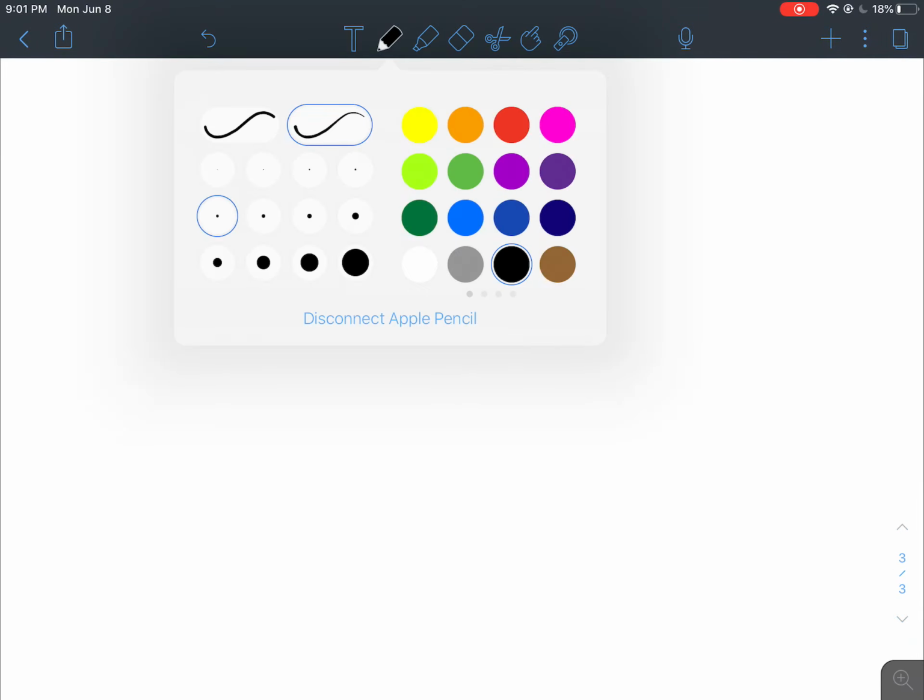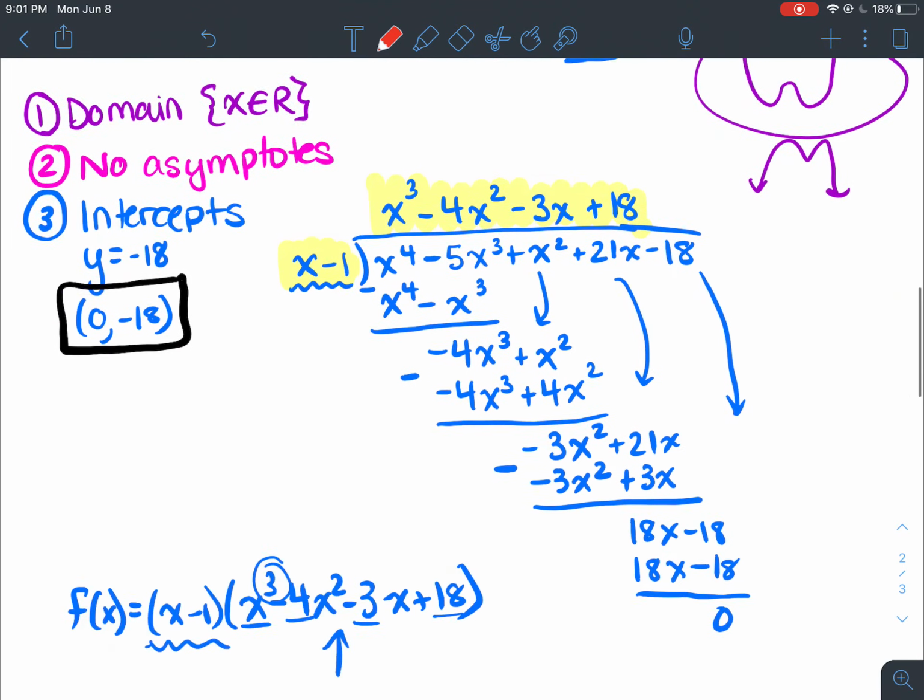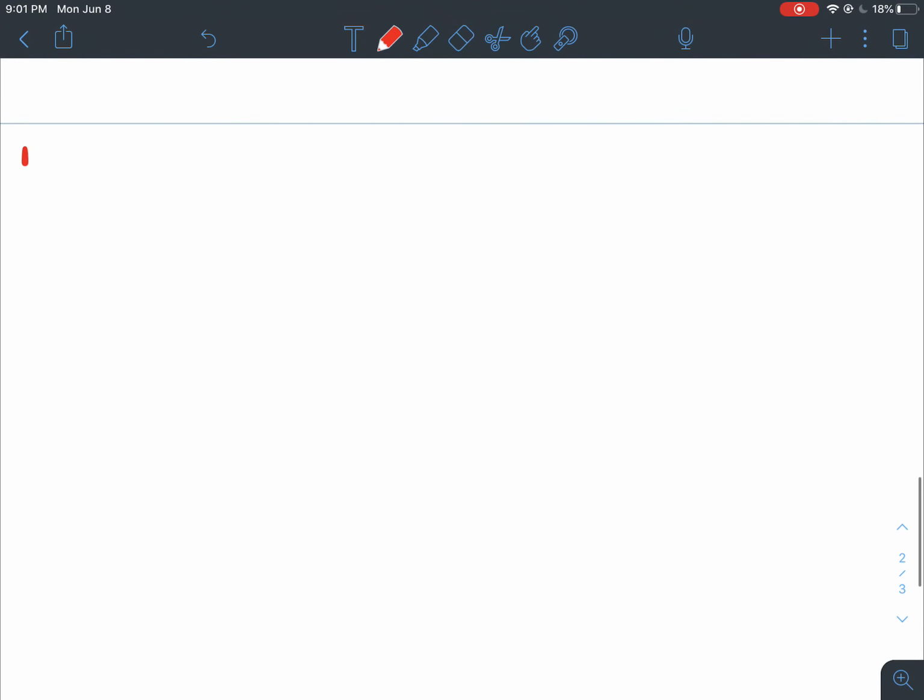All right, moving on. What's after intercepts? Critical numbers. So step 4, that's what we're on. Critical numbers. That's your maxes and your mins. Okay, so to find it, we need to take the derivative.